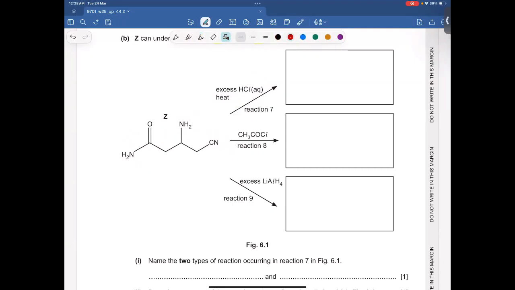Hold on. मैं जहां चेंजेस होंगी वहां पर रेड पेन से लिखता हूं. Okay, so that's the salt after the hydrolysis of an amide is formed. After accepting the proton, it will turn to NH3 plus, Cl minus, and this CN will turn to COOH.